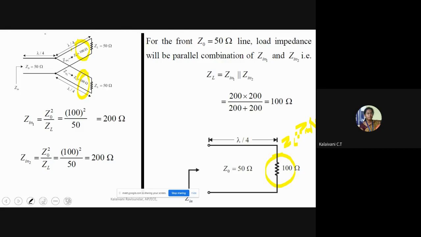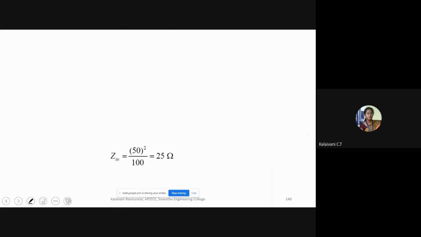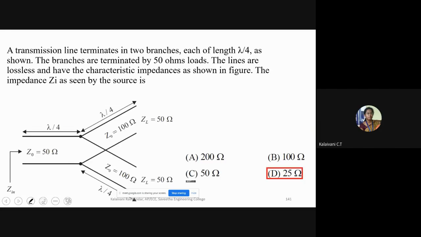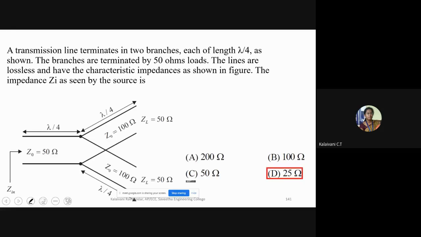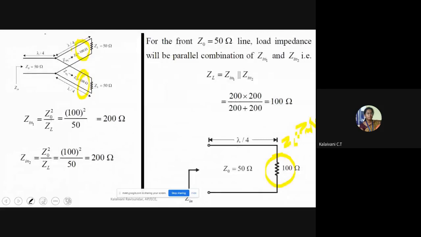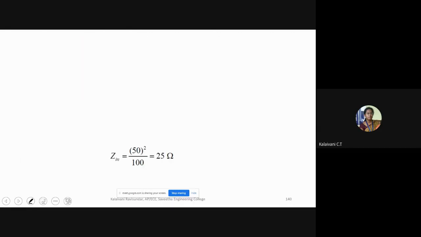Again this is a quarter wave line, Zin is Z0 square divided by ZL. So that is 50 square divided by 100, which is equal to 25 ohms. Okay, the question looks difficult, but it is very easy to solve. The only formula to be remembered here is Z0 square divided by ZL.